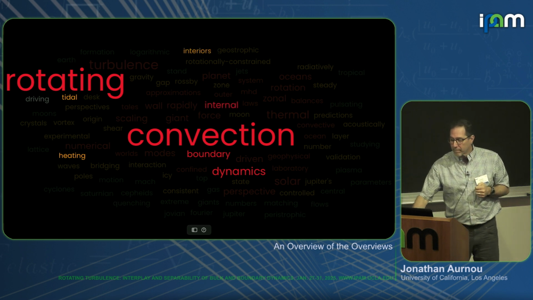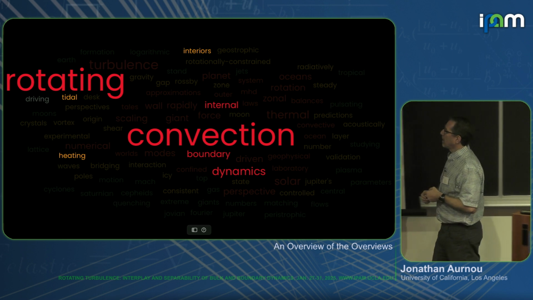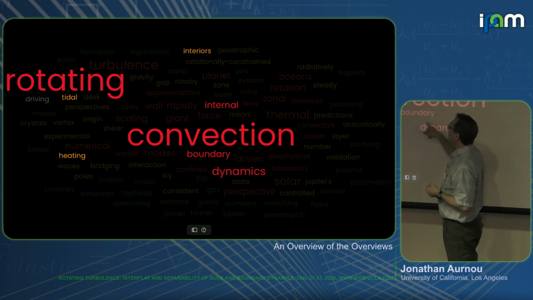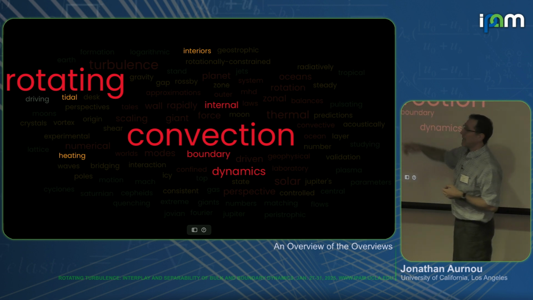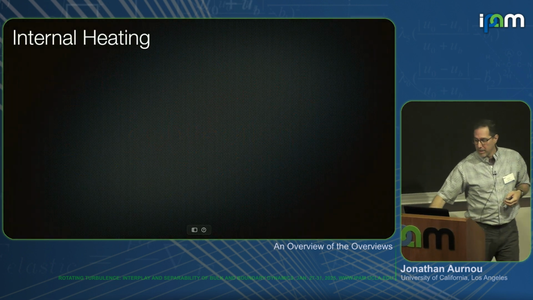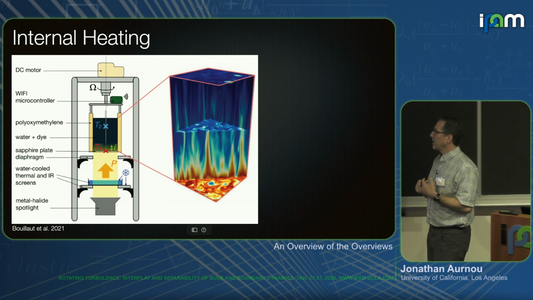Okay, more boundary. But now, we're talking all about the heat flux or the energy coming through the boundary, but we could also do internal heating where we don't put energy in through the boundary. So then we have internal heating. We'll definitely see at least 2 talks on this.